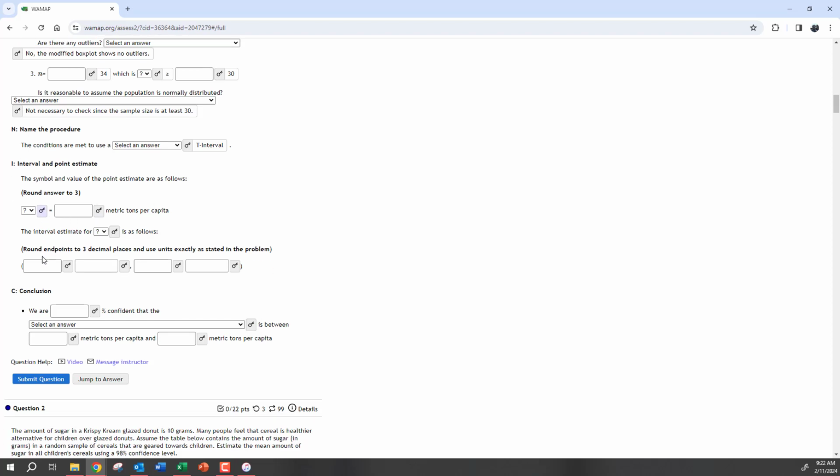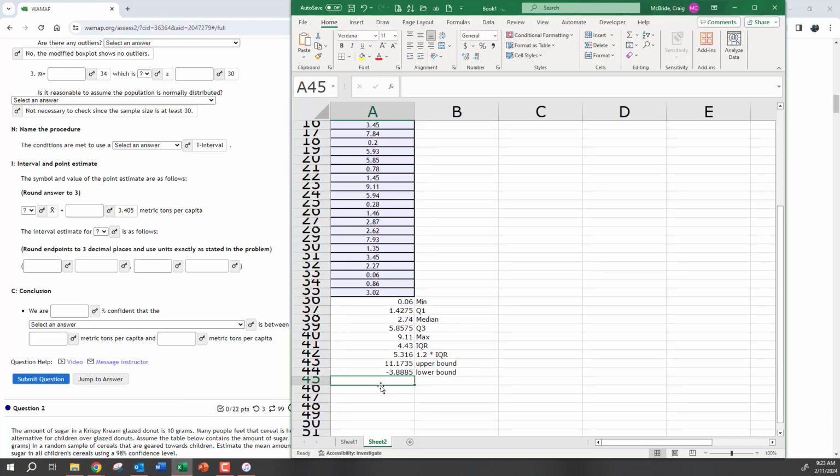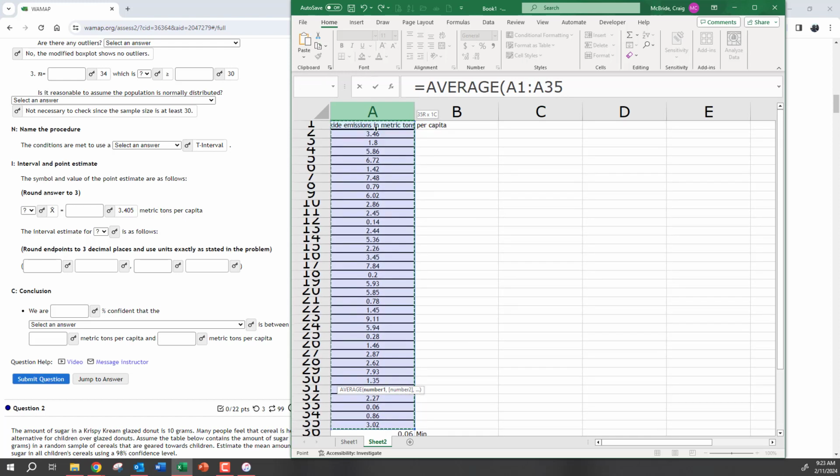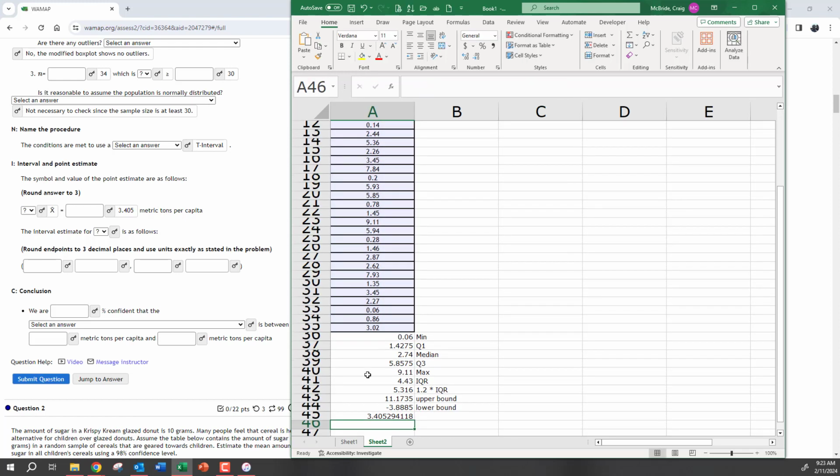So now in our sample, the mean is X bar, and it's still metric tons per capita, and then we have to compute X bar, and that would be something we'd have to come over here and go, equals average, double click, highlight everything, and there's our average, 3.405. And if they want it to 3 decimal places, it's best to go up here and let Excel do the rounding for us. There's 3.405.